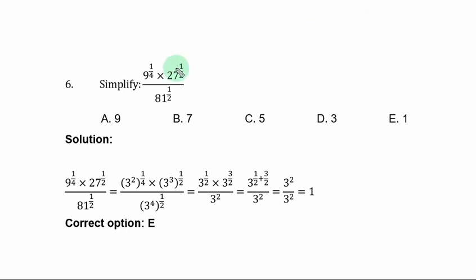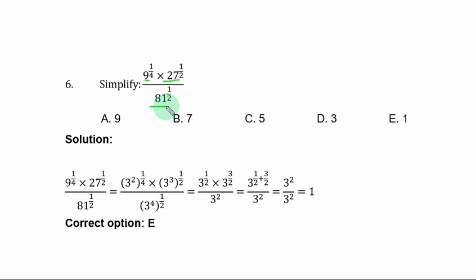Question 6. Simplify 9 to the power of 1 over 4 times 27 to the power of 1 over 2 over 81 to the power of 1 over 2. Solution.